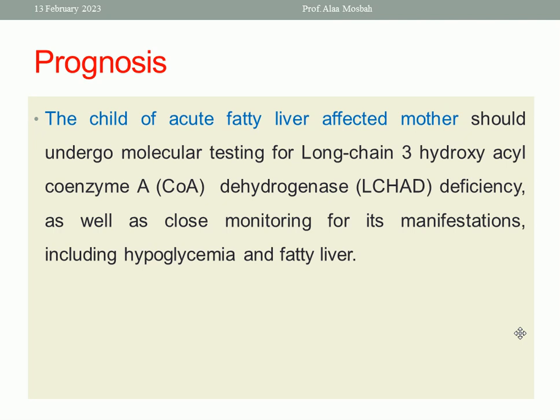So, in reported cases of acute fatty liver of pregnancy, remember that the children should be observed by a pediatrician, and this child should undergo molecular testing for long-chain 3-hydroxyacyl coenzyme A dehydrogenase deficiency, as well as close monitoring for its manifestations. What are the manifestations? I should look for hypoglycemia and fatty liver.